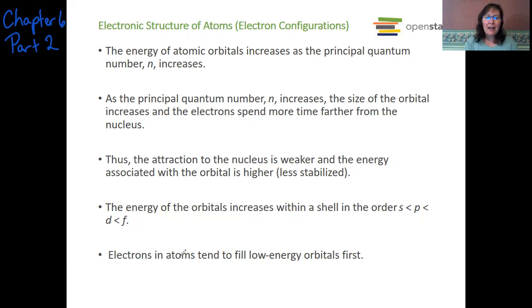Because of that, electrons tend to fill low energy orbitals first, and the low energy orbitals are the ones closest to the nucleus.